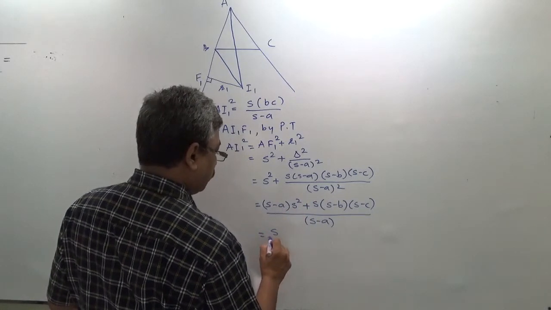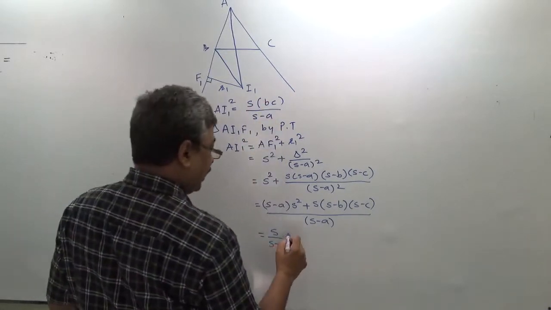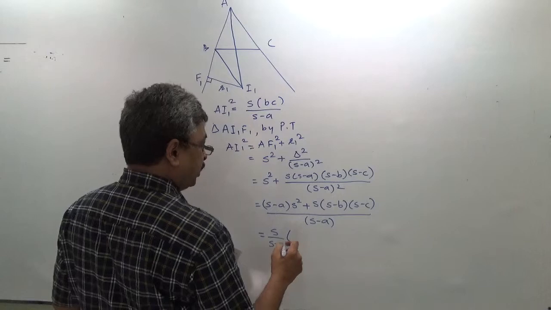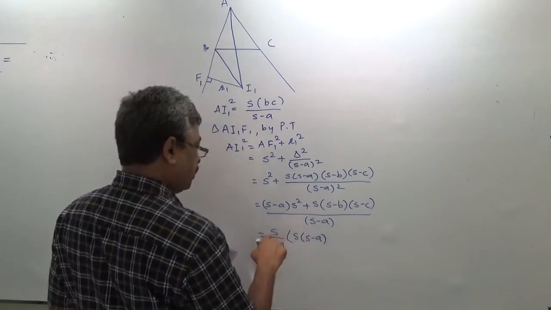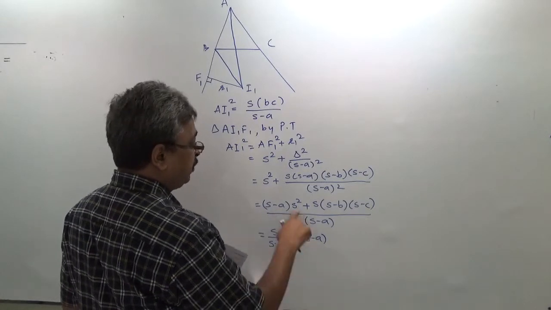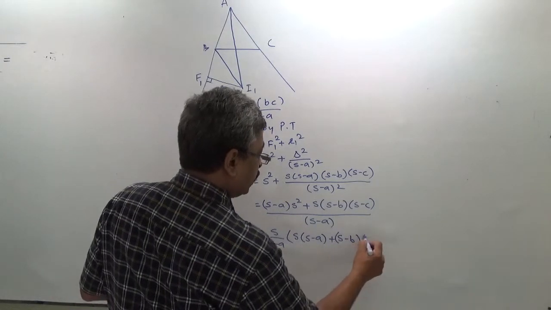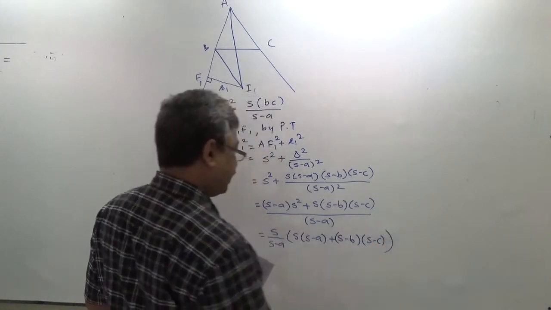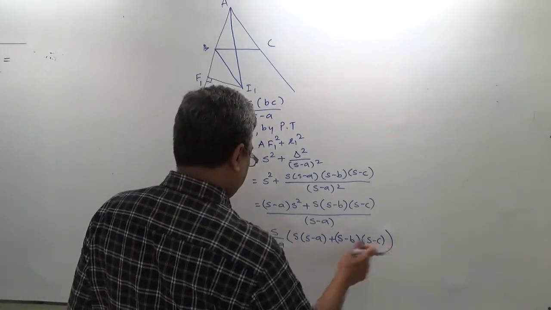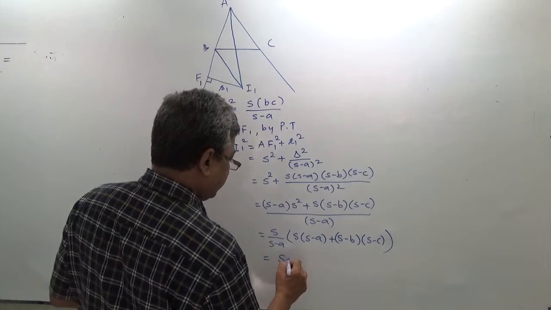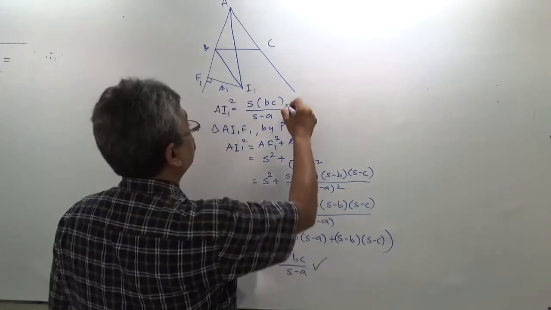So s upon (s minus a), which is what we require, and the remaining bracket will be s into (s minus a), plus (s minus b) into (s minus c). Again you will observe the second bracket is equal to bc. Therefore s into bc upon (s minus a). This is what we wanted to do.